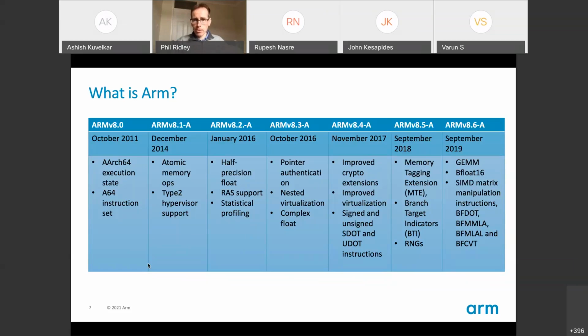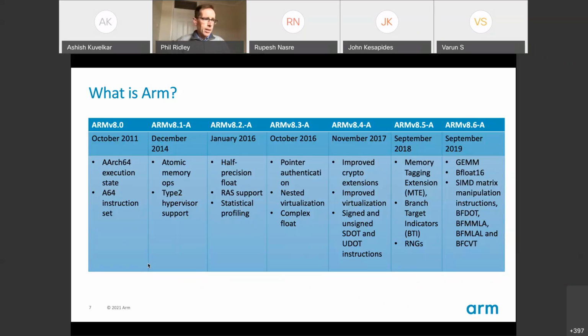The vector aspect is known as Neon, and that was an extension to the original ARMv8 architecture. So at the bottom, the base architecture is 32-bit instructions, 64-bit addresses, and 128-bit vector registers.